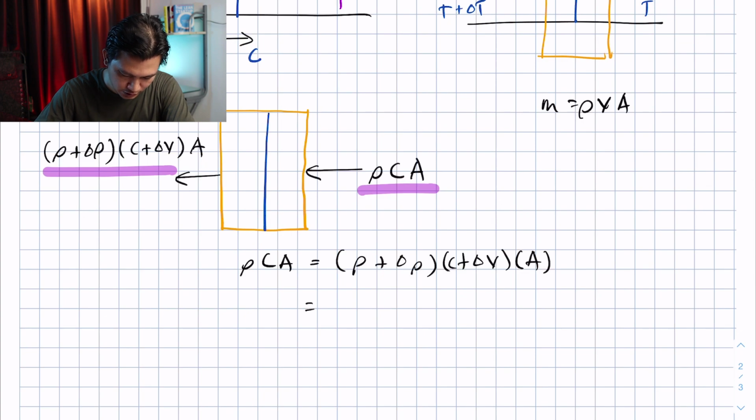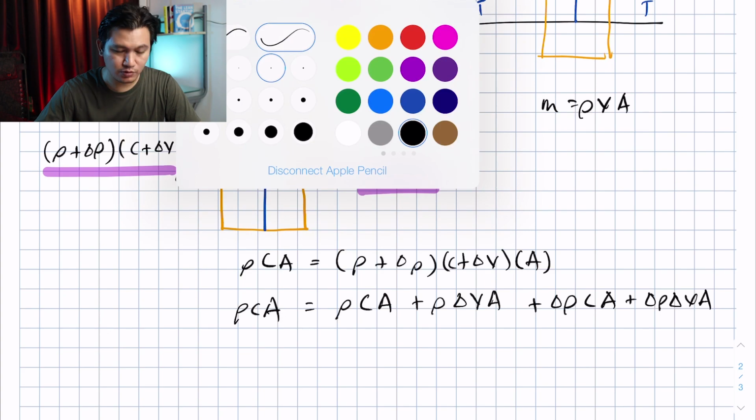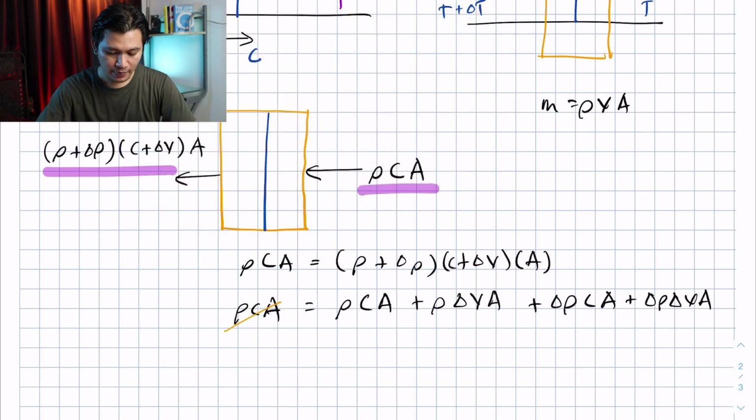So this is rho times c times A plus rho times delta v times A plus delta rho times c times A plus delta rho delta v times A, equal to rho times c times A. Immediately there are a few things that you can cancel out. So rho c A and rho c A are going to cancel each other.